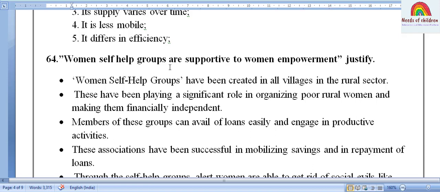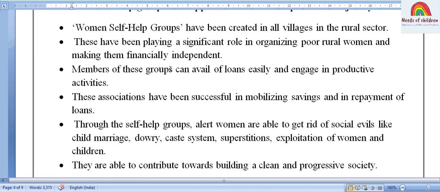Women self-help groups are supportive to women empowerment. Justify. Friends, this is the question from the 10th standard economics, the lesson name called as rural development. Answer for this question: women self-help groups have been created in all villages in the rural sector.